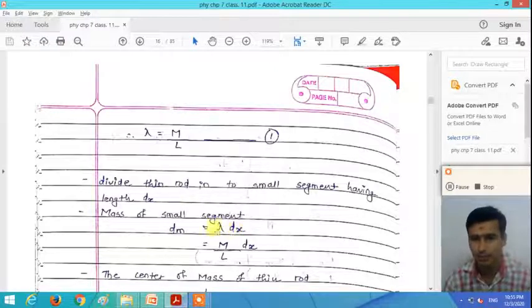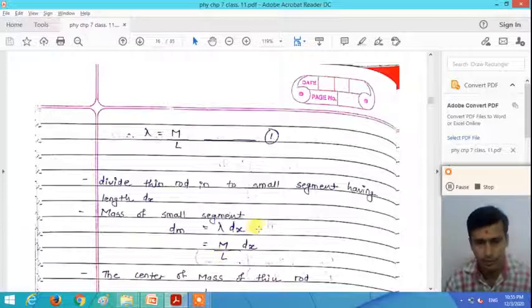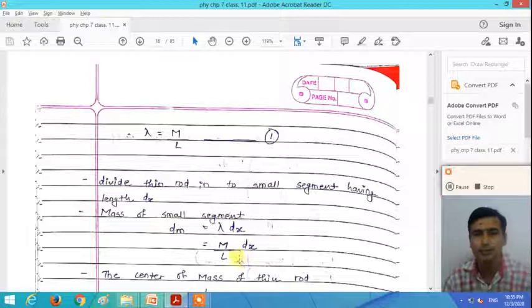We know that lambda is equal to capital M by L, where capital M is the mass of the thin rod and capital L is its length. So dm is equal to M divided by L into dx.